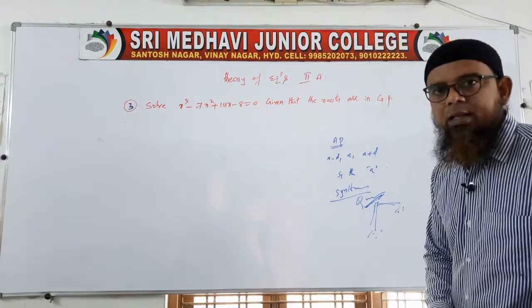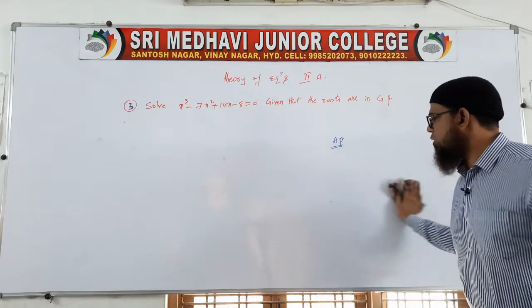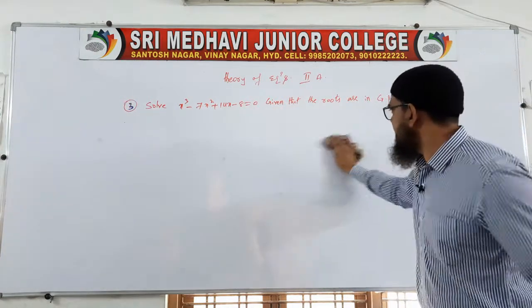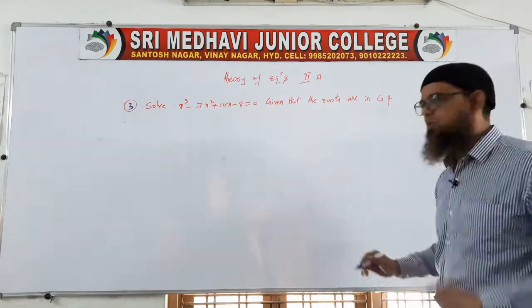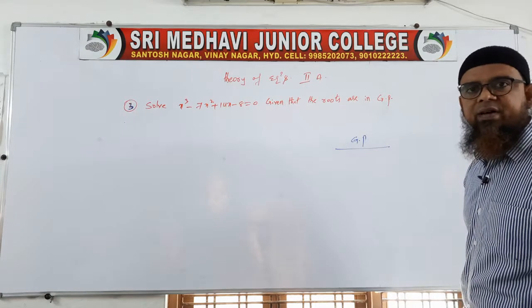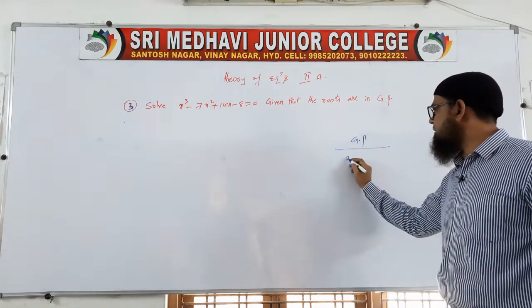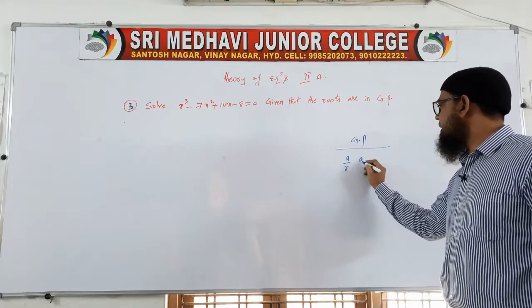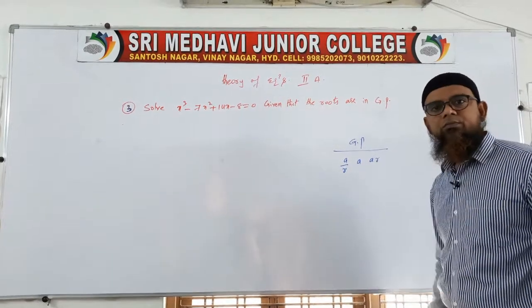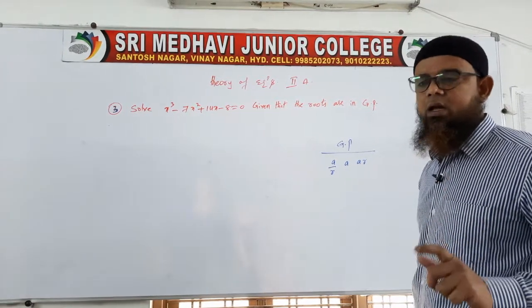In GP, one small change is there, because AP and GP are both different, no? So whenever GP is given, see the short procedure here. Whenever GP is given and that too a third degree polynomial, we have to take the roots like this: a by r, a, a r.